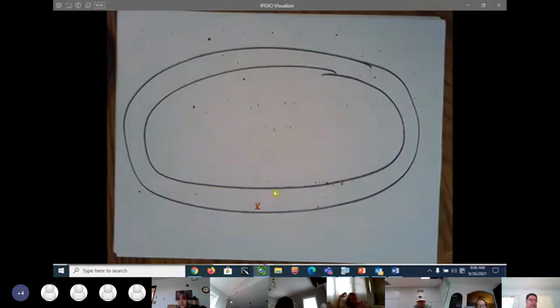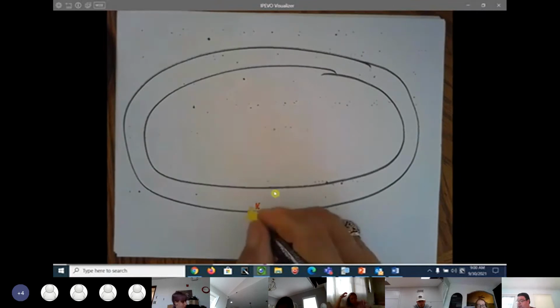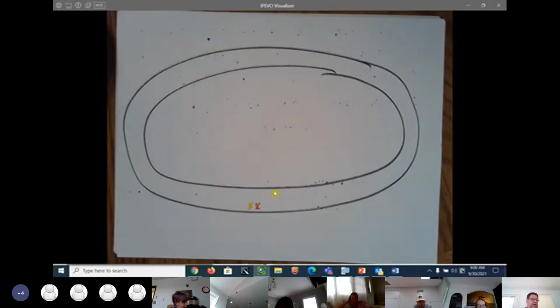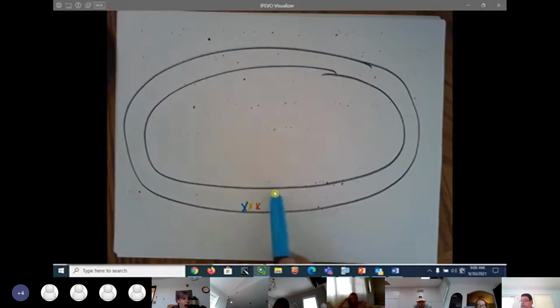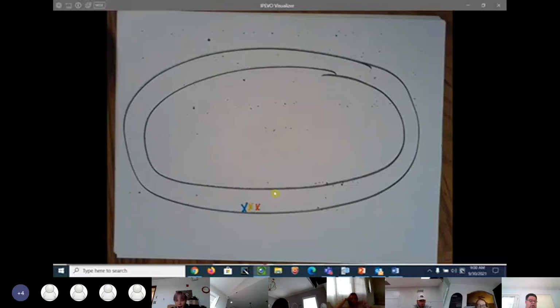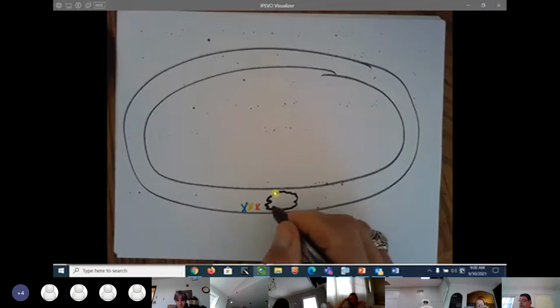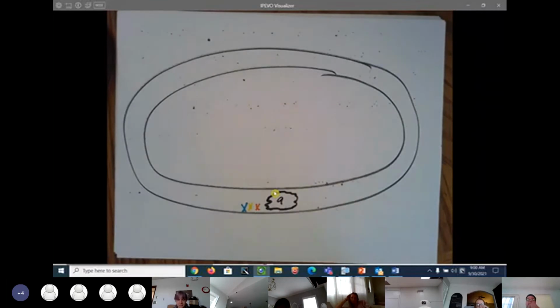There's 1, there's 2, and 3, I'm going to use a blue. And here's all the other horses up here. I'm just going to draw a black circle up here. There's the other 9 horses right there.